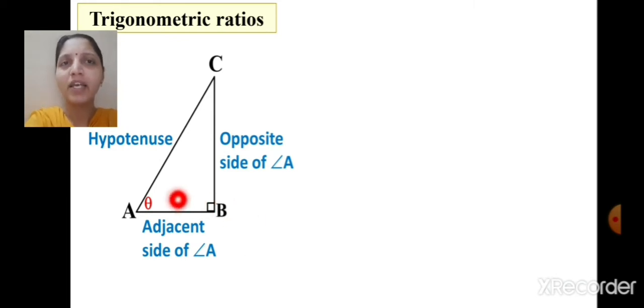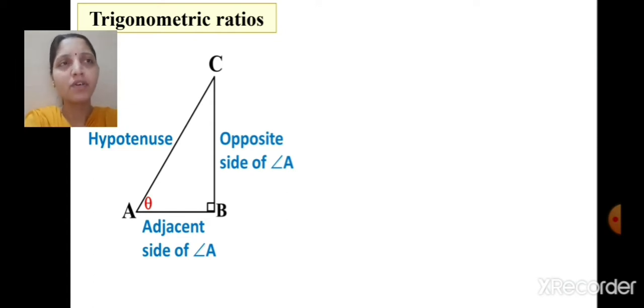So angle A and angle C will be acute angles. Here I have considered angle A as theta, and depending on this angle A, we are going to find the trigonometric ratios. How many trigonometric ratios have we learned? Yes, we have learned 3 trigonometric ratios.